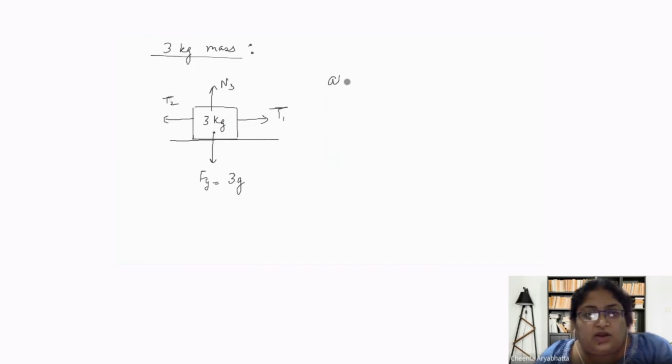So along the y direction, N3 will be equal to 3g, right? No acceleration in y direction.